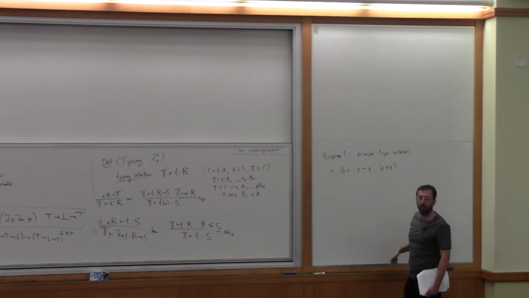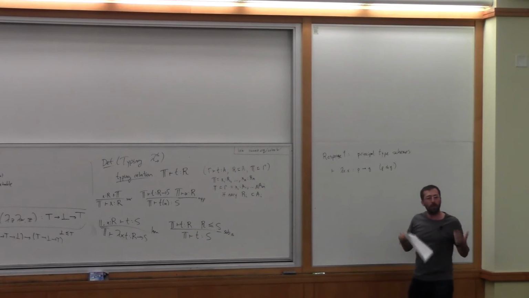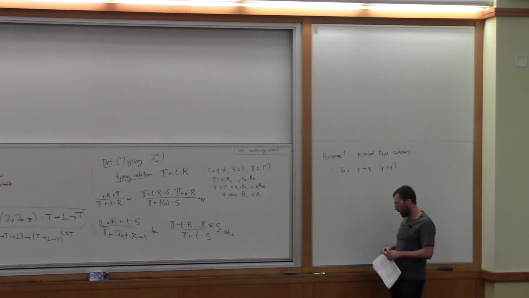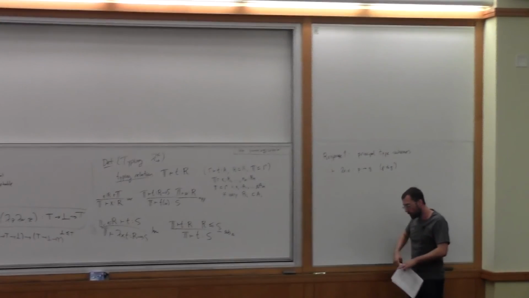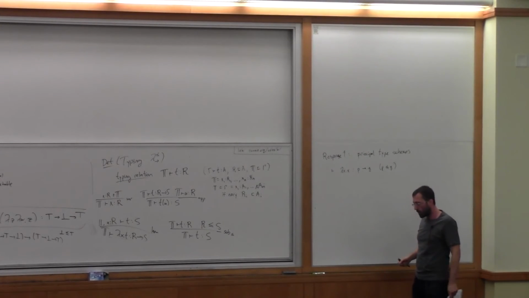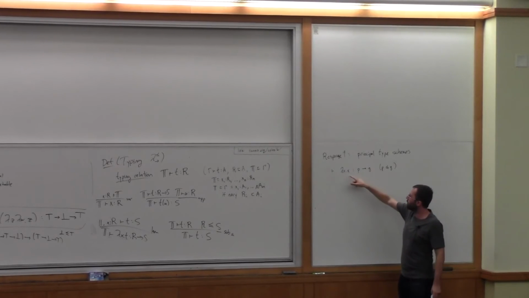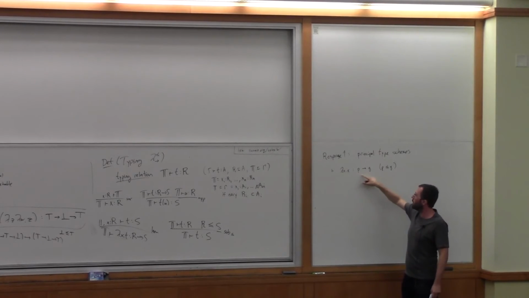Well, suppose that we're going to abstract away now from the collection of atoms. Suppose you have some collection of atoms. Well, you can give lambda x.x the type P arrow Q, so long as P is less than or equal to Q in the ordering relation.